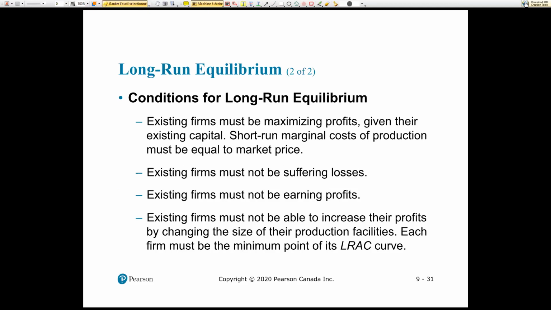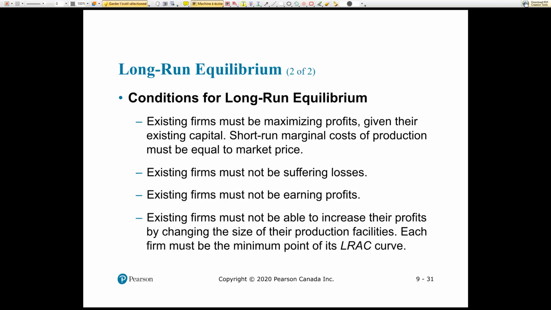So existing firms... Okay, so this is the equilibrium. At the equilibrium, they are not earning a profit, because otherwise new firms would enter. They're not making losses, otherwise they would leave the market. So this is just a summary of what's happening.